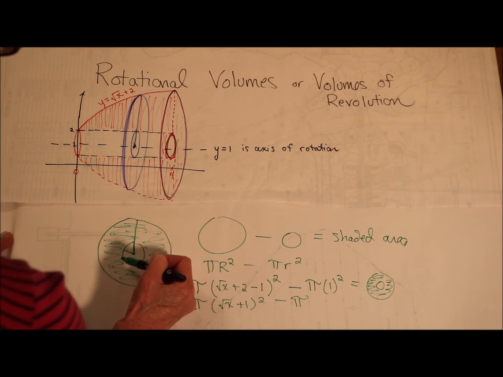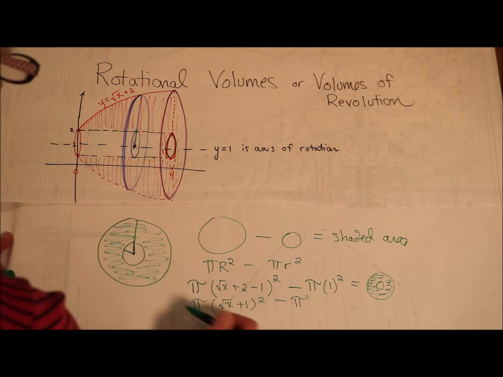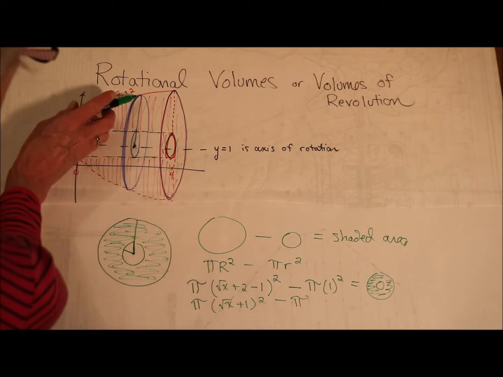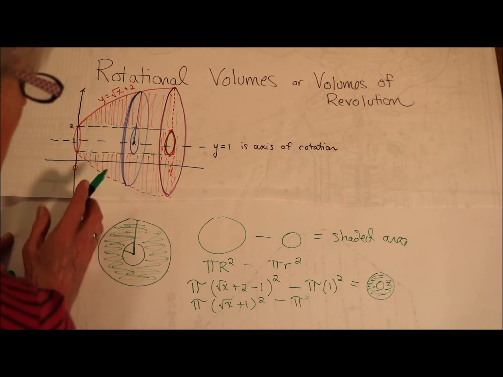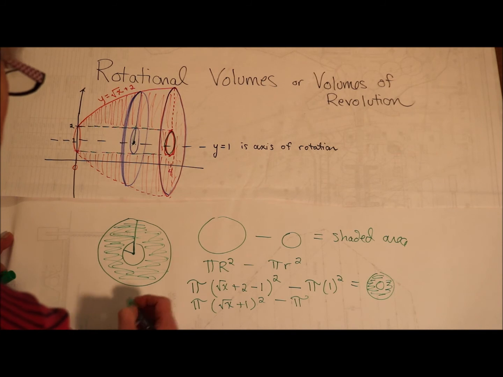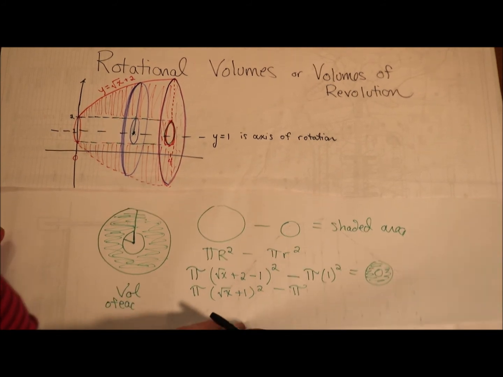Now, of course, to find volume, I want to turn that area into a volume. And the way I do that is just realizing that washer has a thickness of dx. So to turn this into the volume of each washer, probably can't see this. Let's scoot this up.